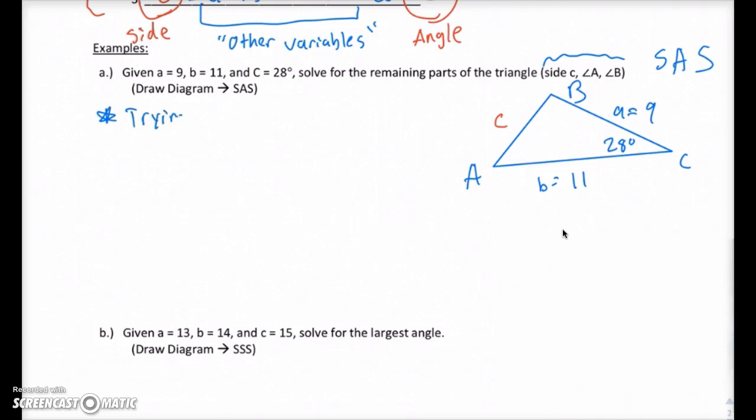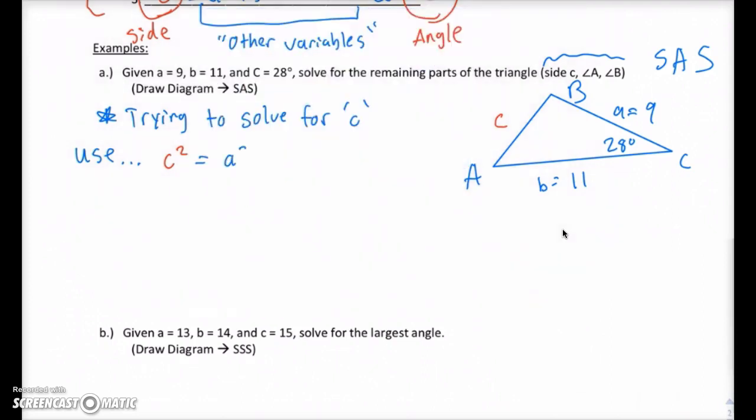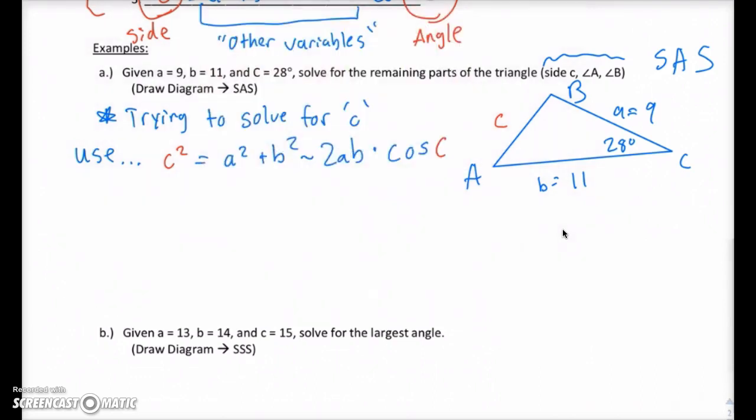Since we're trying to solve for C, the formula we're going to use is C squared equals A squared plus B squared minus 2AB times cosine of C.